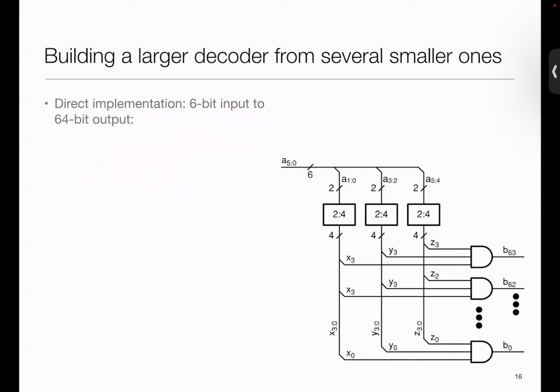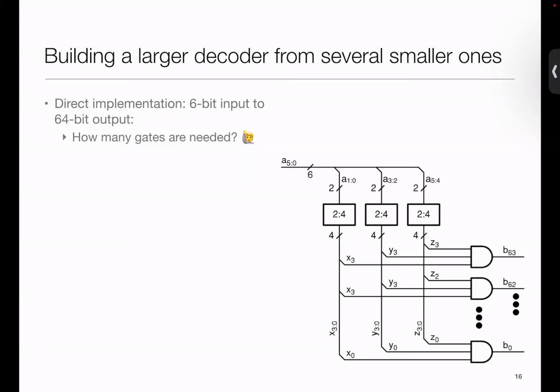So let's think about what a direct implementation of 6 to 64 might look like. How many gates would I need if I were to implement a 6 to 64 decoder directly in terms of AND and OR gates? So we saw 2 to 4.